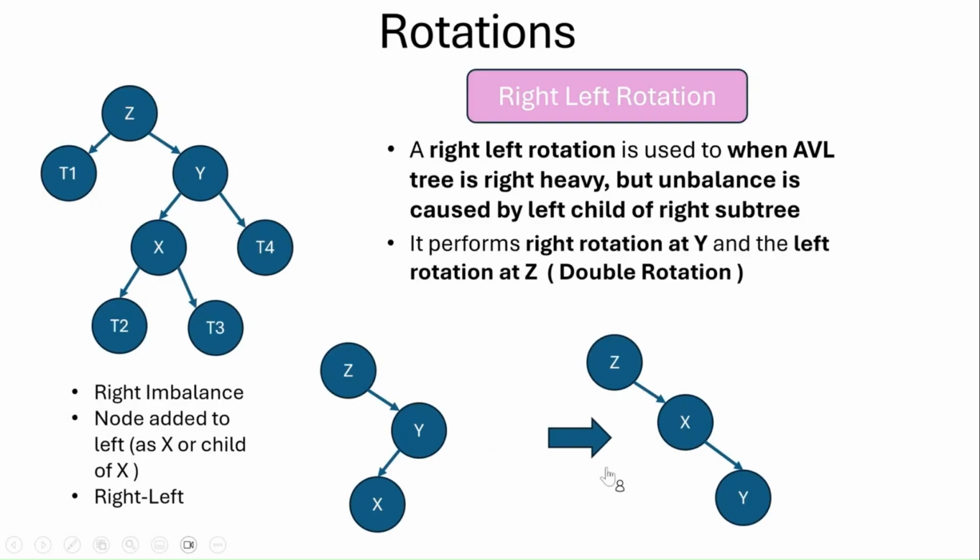So if we observe carefully, to make this X the new root and Y the right child, we can see that it is a right rotation. The right rotation where? Right rotation at Y, right? So the first is the right rotation at Y to break the zigzag nature here.